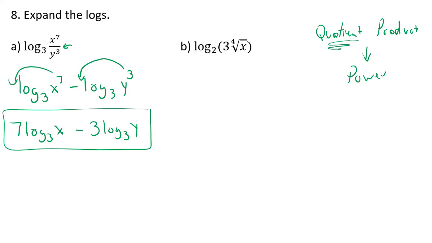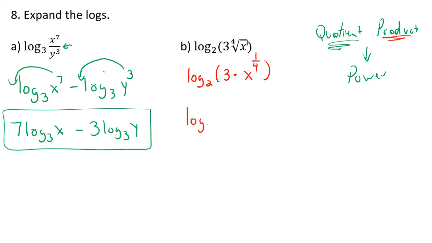To start off with, I'm going to rewrite that radical as a fractional exponent. So I will have log base 2 of 3 times x to the 1/4. There's an invisible 1 for the exponent. It goes exponent over index. And now that I see my times sign, I will then use the product rule.